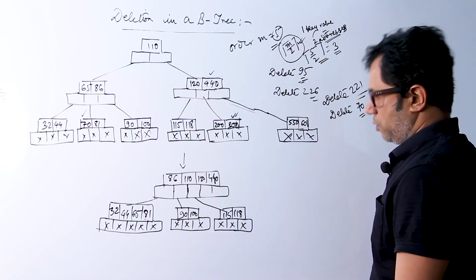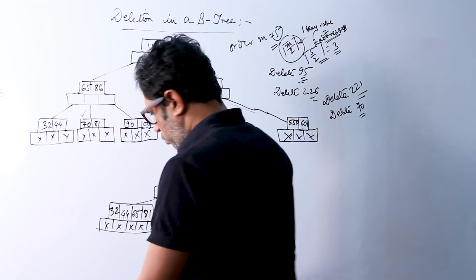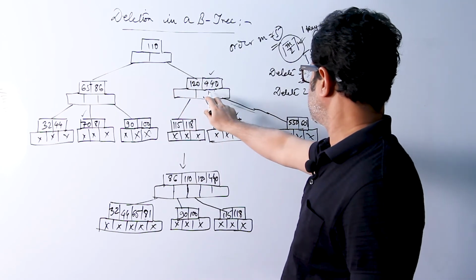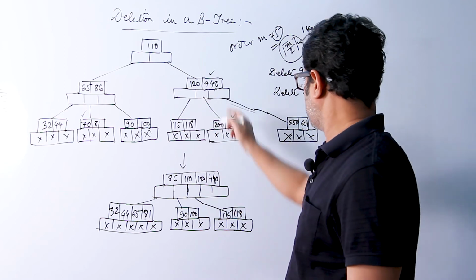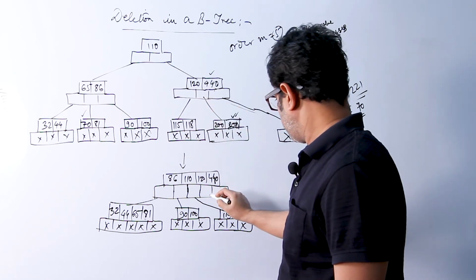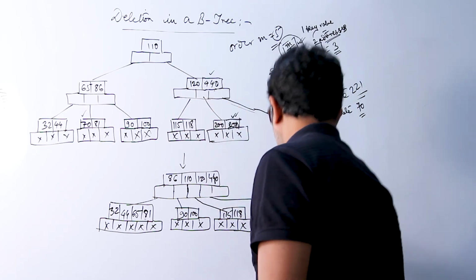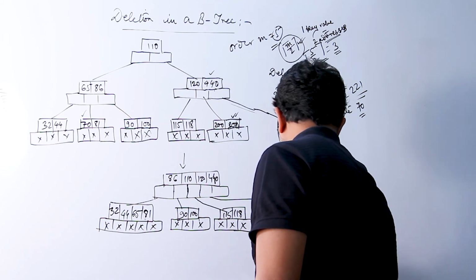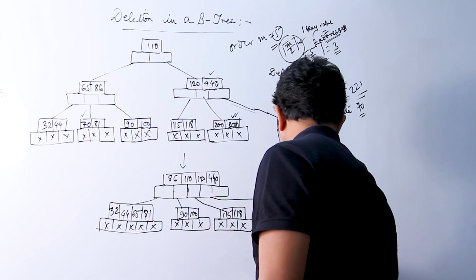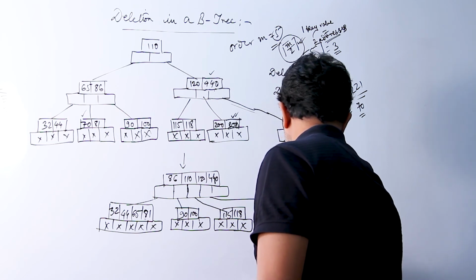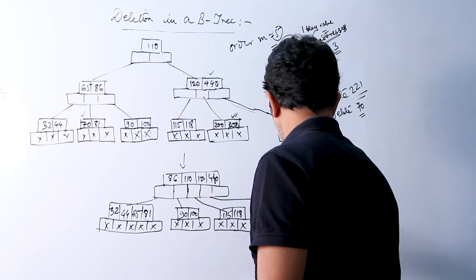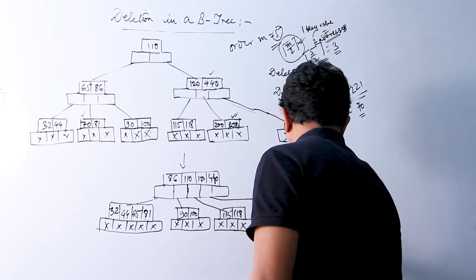Now 200, 300 was present on the left subtree portion of the key value 440. So it will be accommodated in the same manner as it was before. So no changes over here. 200 and 300.